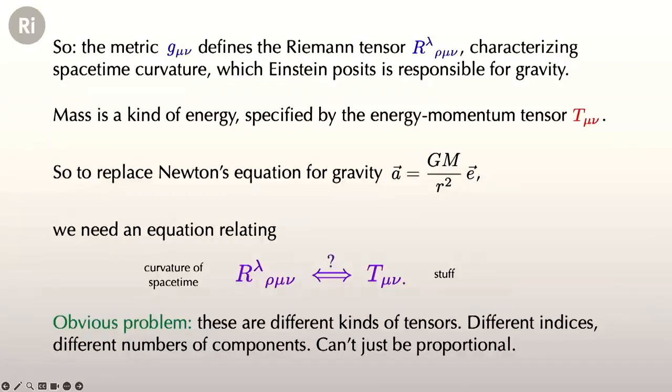On the left-hand side, acceleration maybe should be replaced by the curvature of space-time, which is, as we know, characterized by the Riemann tensor, R lambda rho mu nu. And the right-hand side of the equation, which has the mass in it in Newton's equation, should have the energy momentum tensor, T mu nu. So we have curvature of space-time on the left, stuff, energy, momentum, and mass, and so forth, on the right.